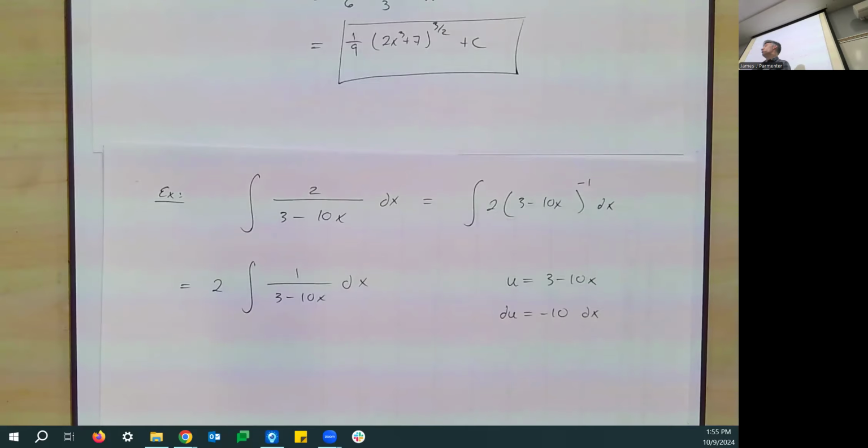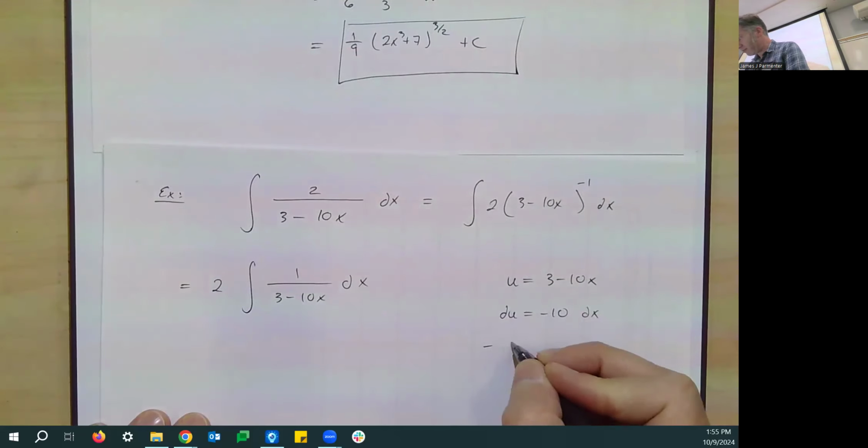And so we should start thinking about how if the chain rule in differentiation would have made us multiply by a constant, then the antiderivative is going to make us divide by that constant. So I know that eventually we're going to divide by negative 10. Which makes sense here because look, we're literally about to divide by negative 10.